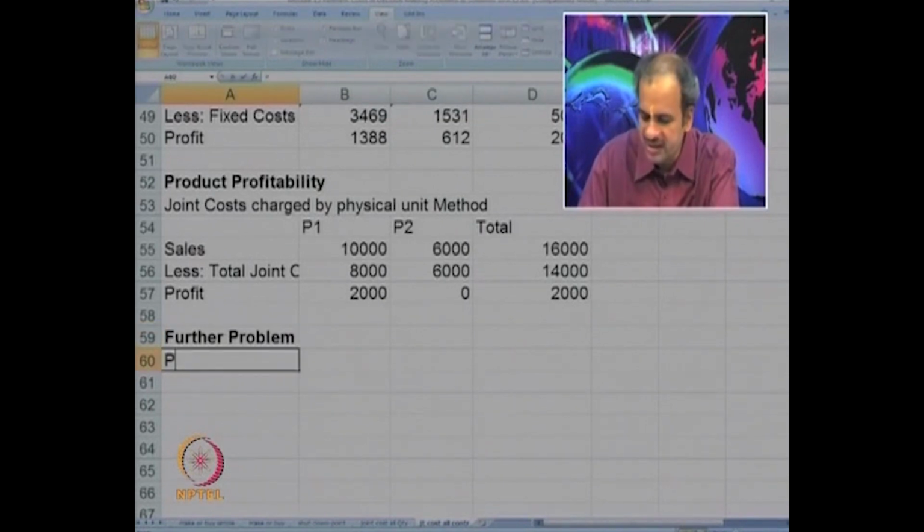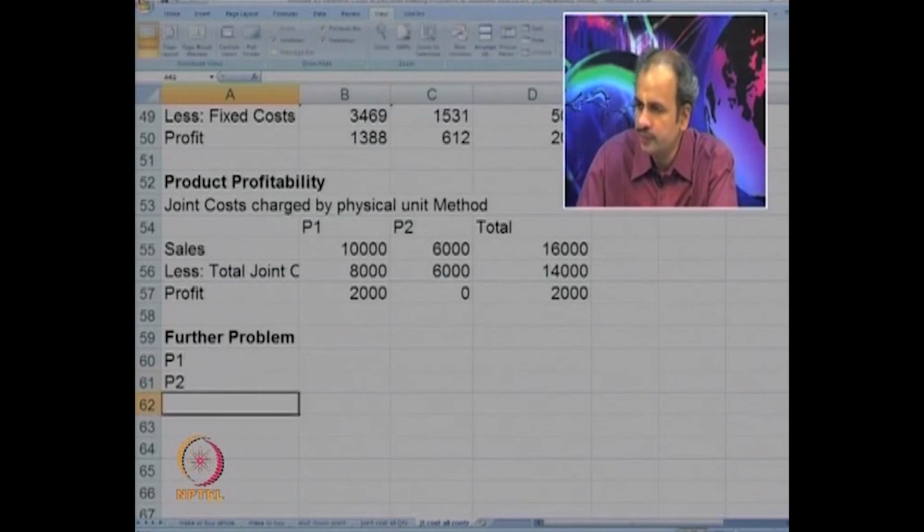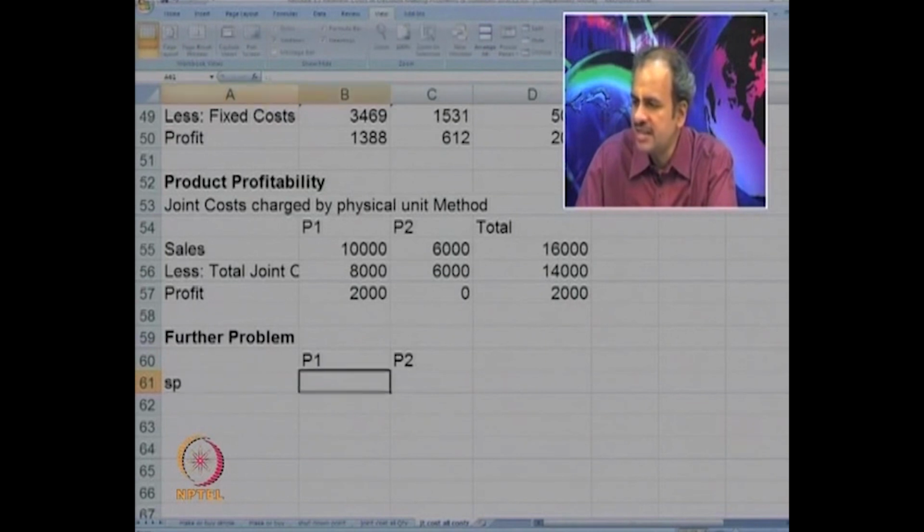We have two products, P1 and P2. Current selling price is 50 and 40.